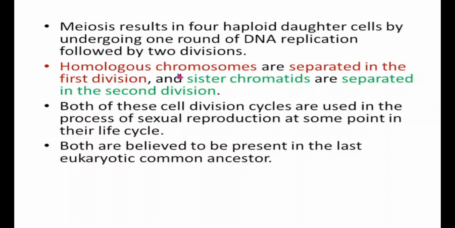In the first division, there will be homologous chromosome separation, and sister chromatids will be separated in the second part. Both of these cell division cycles are used in the process of sexual reproduction at some point in their life cycle. Both are believed to be present in the last eukaryotic common ancestor, which passes through generation to generation and exists today.